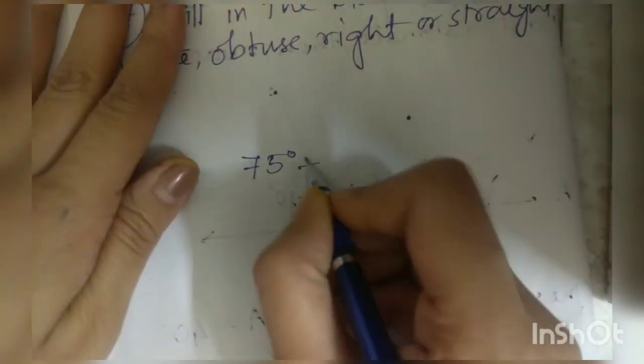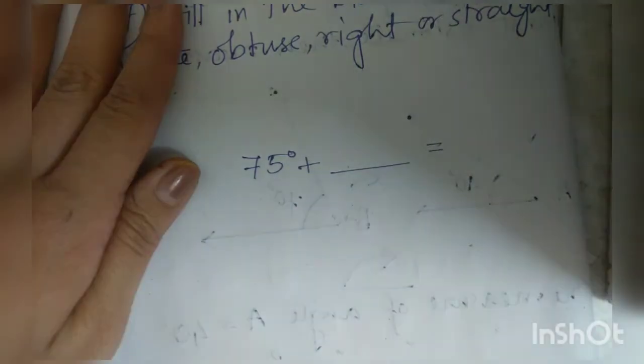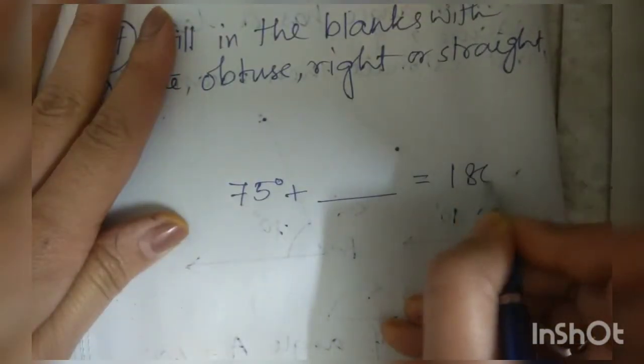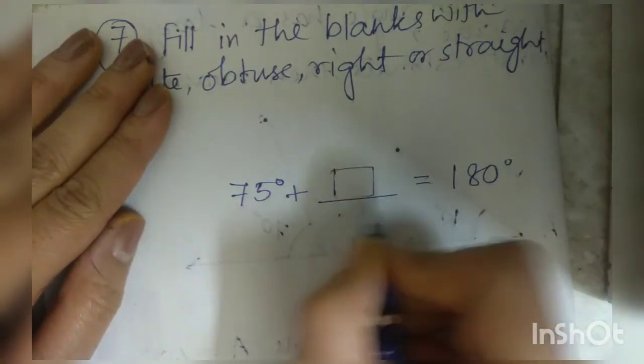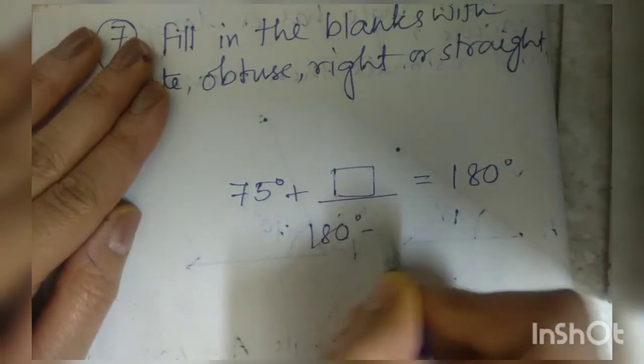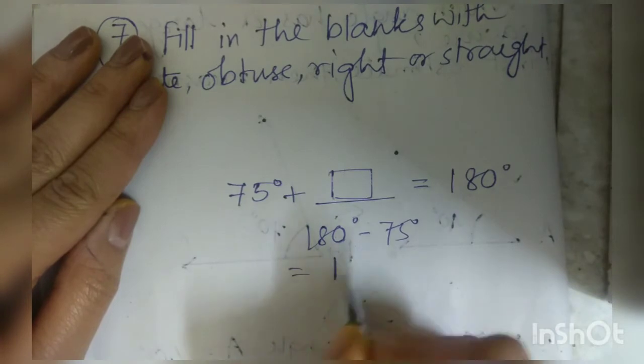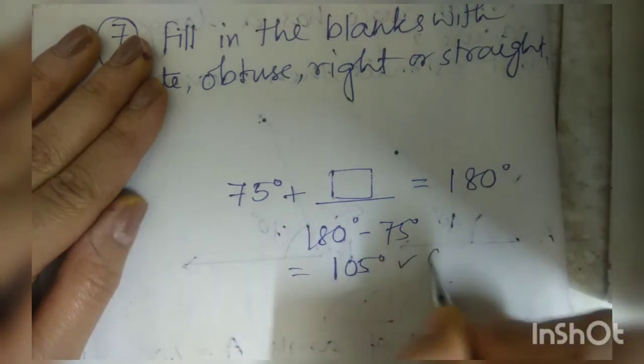Suppose we have taken an angle of 75 degrees, which is an acute angle. Now we have to add one more angle with it so that we get a straight angle, meaning a 180 degree angle. Obviously this angle will be 180 degrees minus 75 degrees. It comes to 105 degrees, which is an obtuse angle.